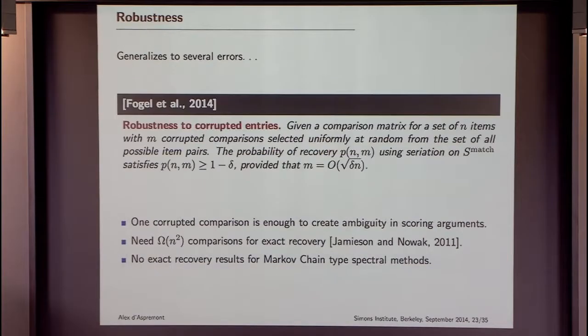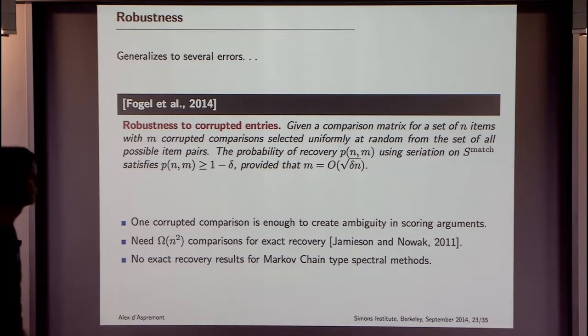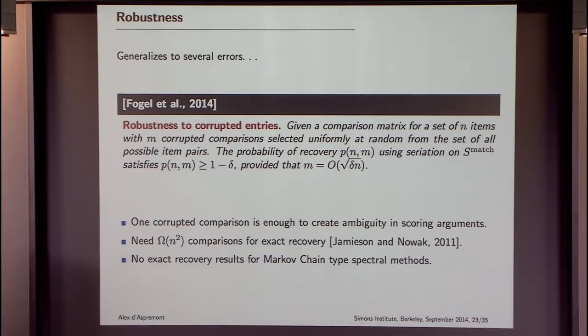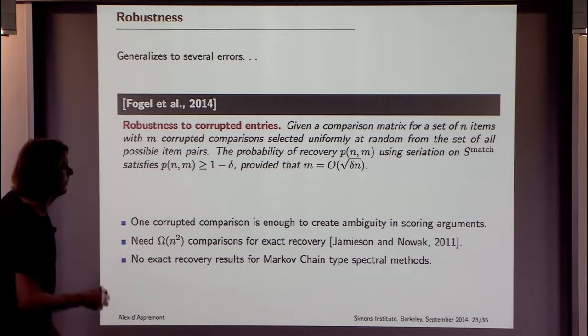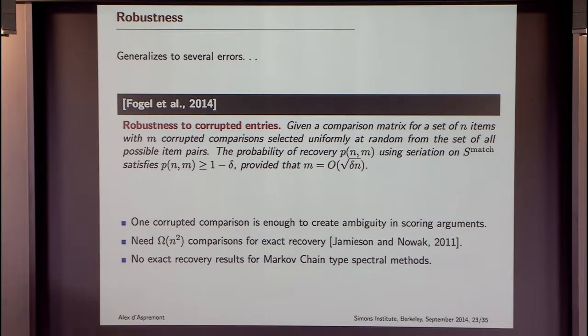Okay? So you can actually generalize this argument a little bit further. Again, this is a completely direct combinatorial algorithm, and it shows that actually square root of n corruptions will work with high probability if you locate them at random. You know that you need at least n squared comparisons for exact recovery.